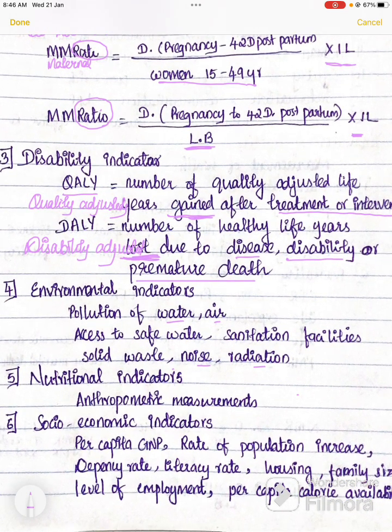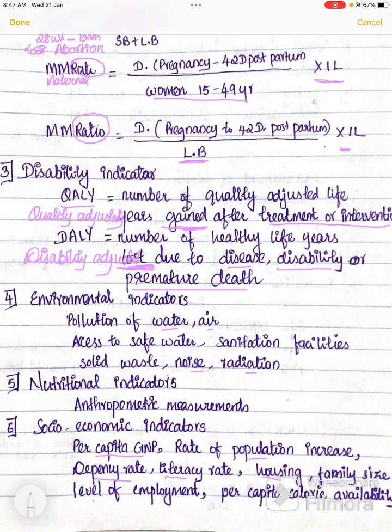And then socio-economic indicators: per capita GNP, rate of population increase, dependency ratio, literacy ratio, housing and family size, level of employment, per capita calorie availability. These are all under socio-economic indicators.